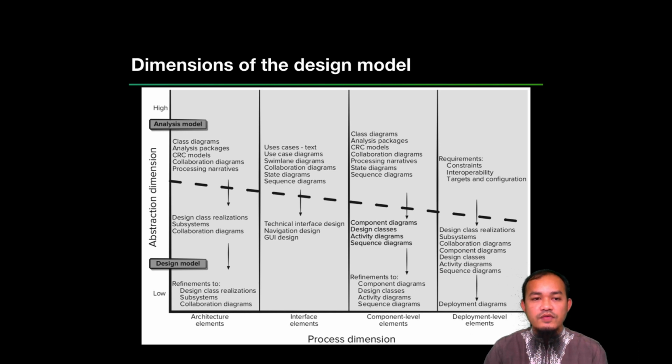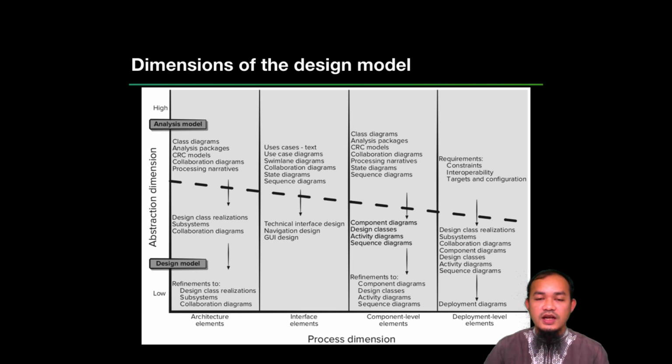The class diagram, for example, is high level in the analysis model, and then we have to convert it, from the analysis class diagram to a design class diagram. In terms of architecture, we can use a class diagram to represent architecture, but it is not suitable. Experts in architecture say the class diagram is not suitable to represent architecture design.